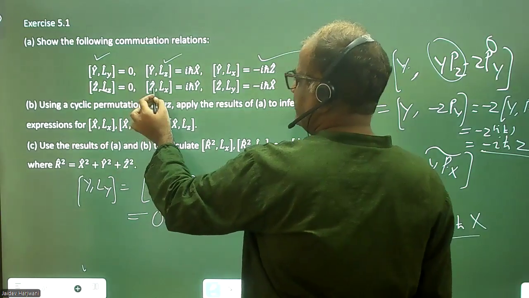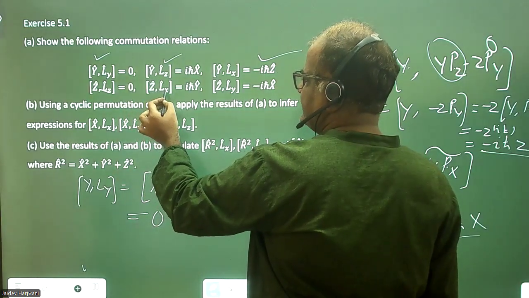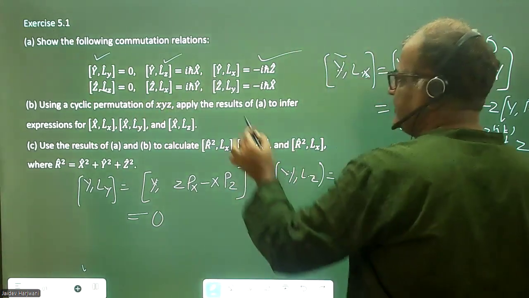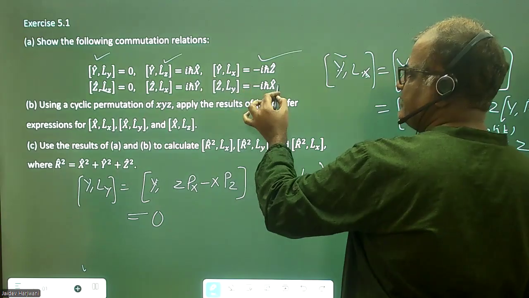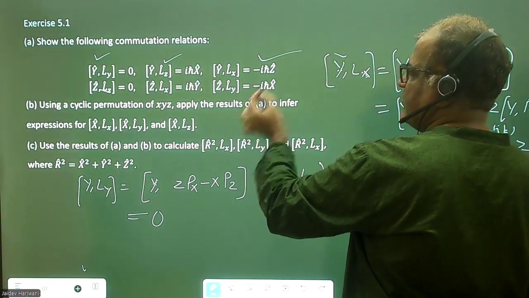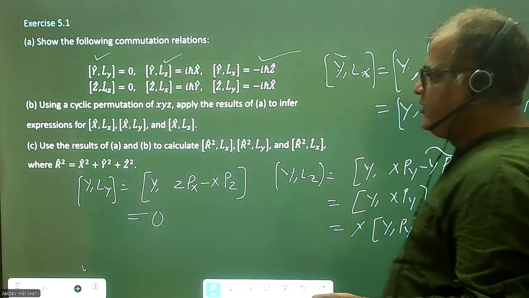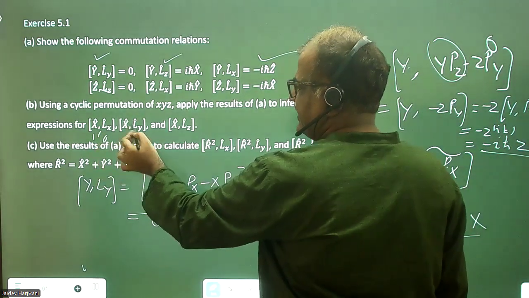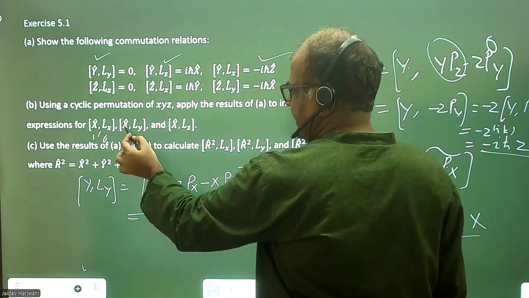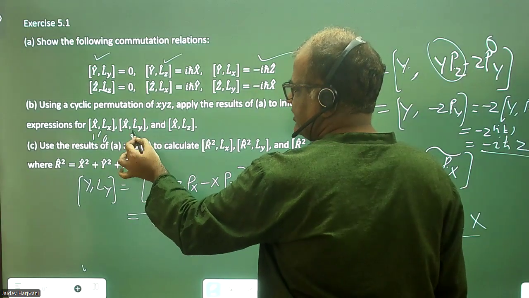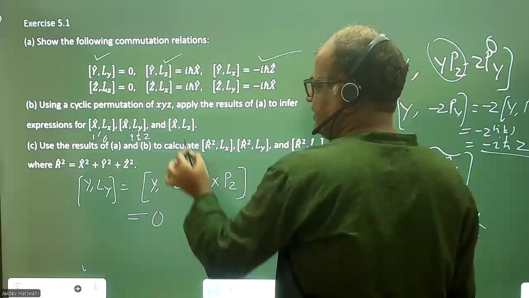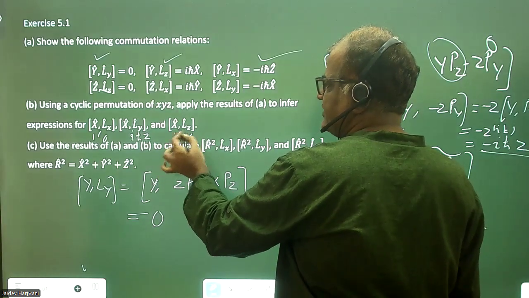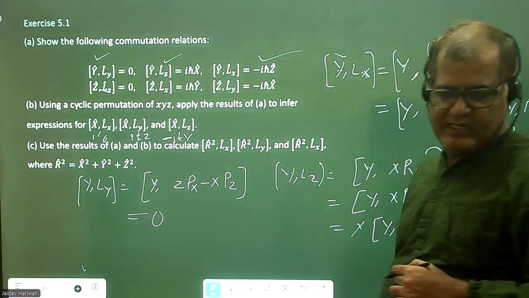Now let us calculate z, Lx. Z is there, x is there, so y will come, and they are in order, so positive sign. Z is there, y is there, x will come; they are in reverse order, so minus will come. Similarly, you can write for x, Lx: x, Lx will be 0. x, Ly: x, y, so z will come, in order, so iota h cut z. x, z, y will come, iota h cut y, reverse order, so minus will come.